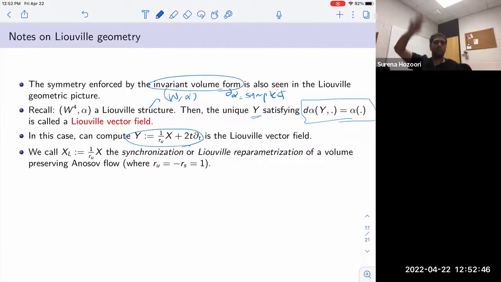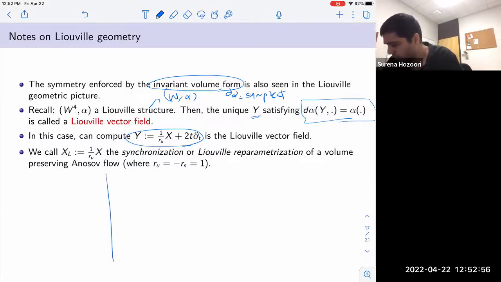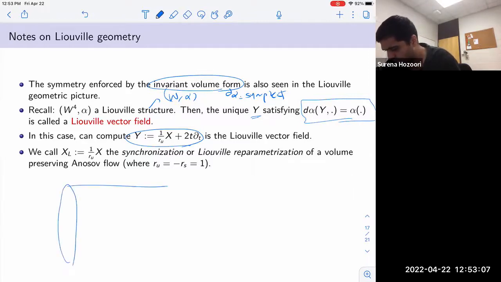You can see that this Liouville vector field would be just some reparameterization of the generating vector field, plus some t component, 2t delta t, around t, sorry. What does that mean? Again, take a look at this Liouville picture.